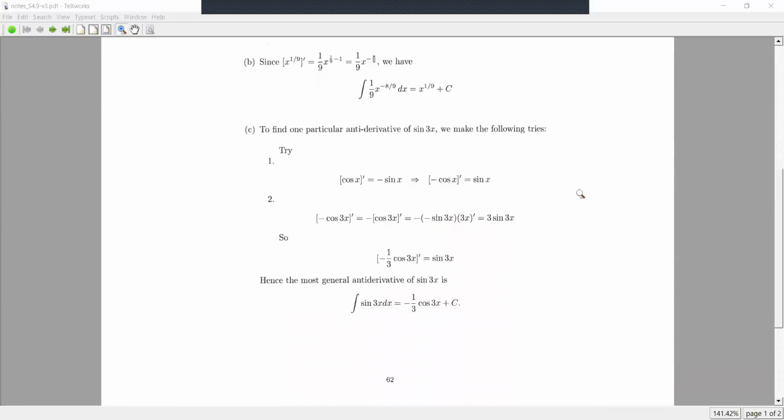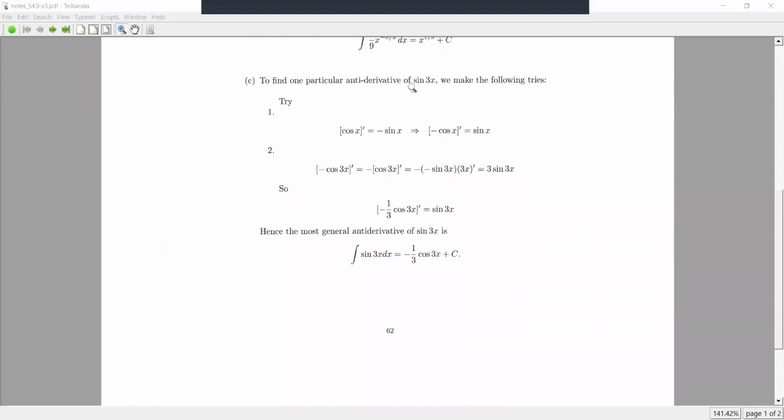We know that for sine, the antiderivative is cosine. The derivative of cosine is negative sine. Multiply this equation by negative 1, then we get negative cosine's derivative is sine.